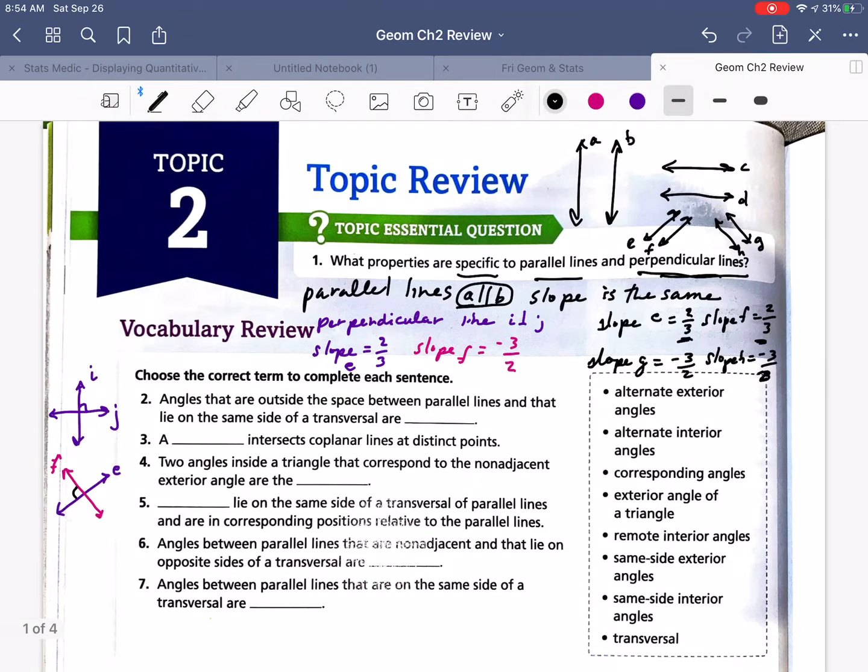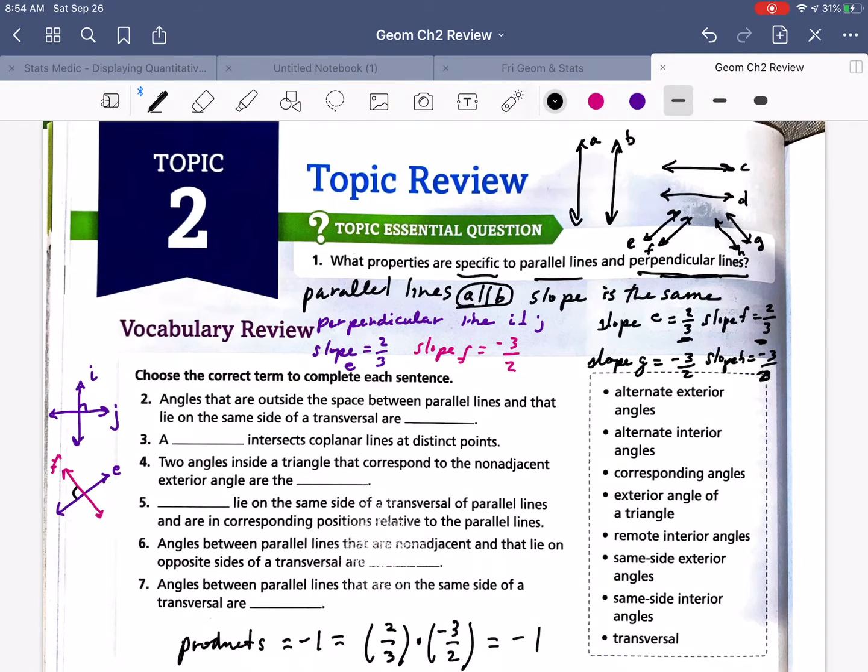What I mean by that is, let's take a look: 2/3 times -3/2. Yeah, those would equal the product -1.